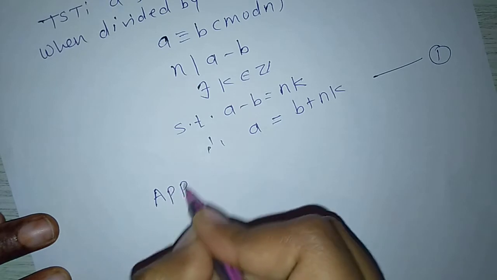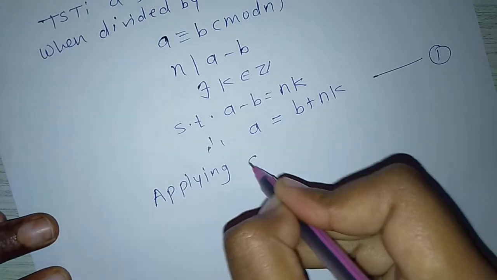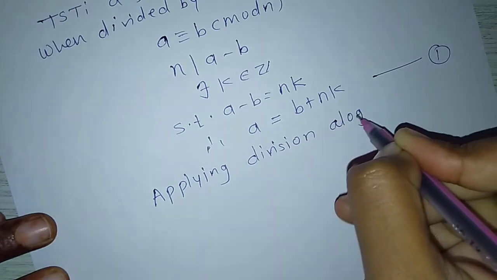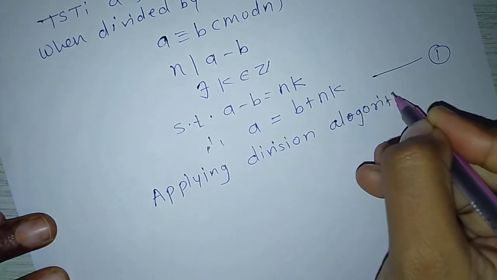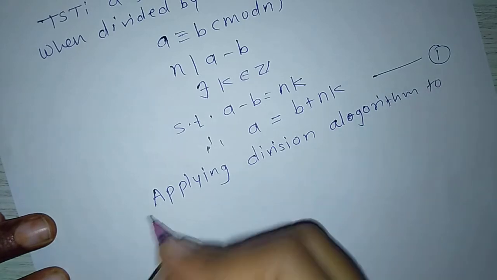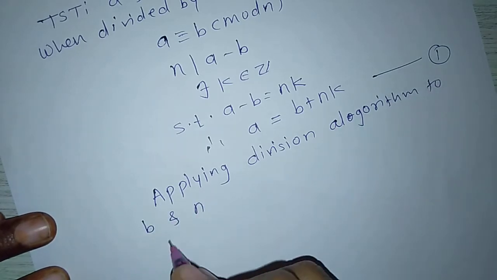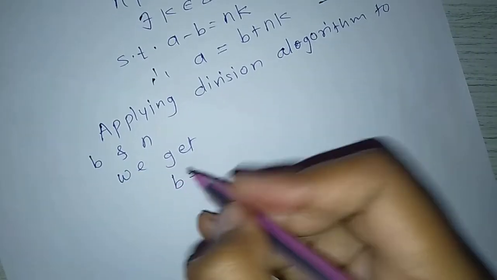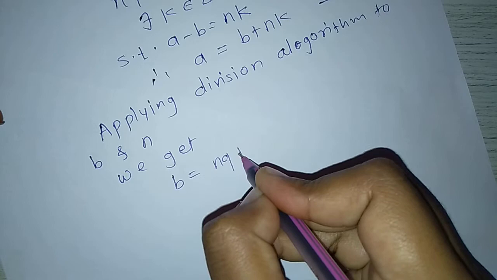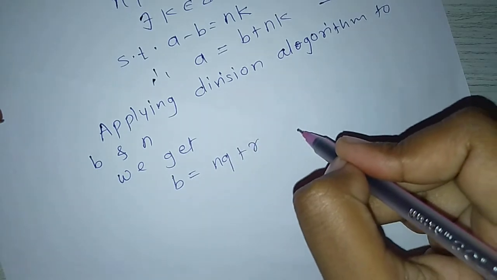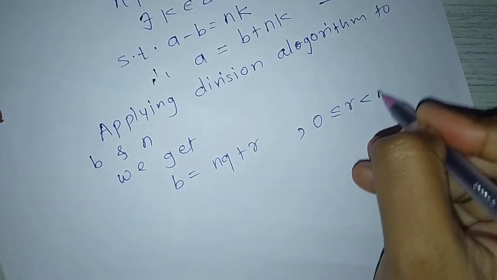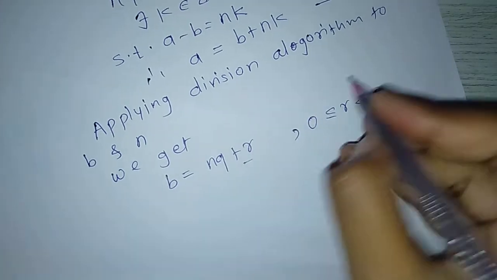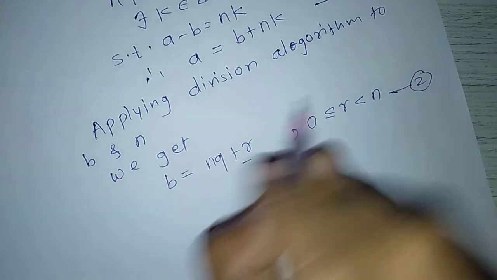Applying division algorithm to b and n, we get b equal to nq plus r, here 0 less than or equal to r less than n. Remainder obviously less than n. Here r is remainder. Give as equation number 2.